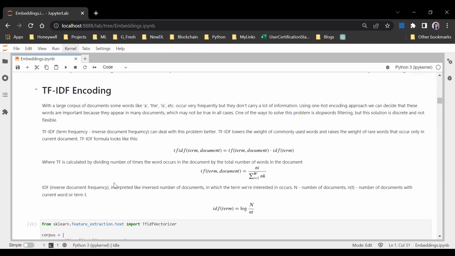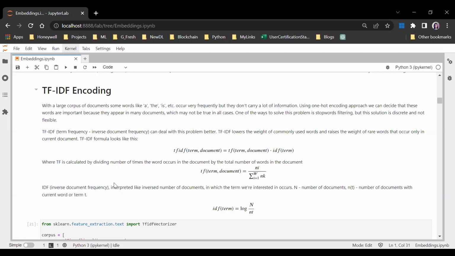So TF-IDF lowers the weight of commonly used words like a, the, is. These are very commonly used words in our documents which may not have much context or information that we can derive from them. So to eliminate the importance of these words, we can use TF-IDF. It raises the weight for those rare words which are actually relevant for our analysis.